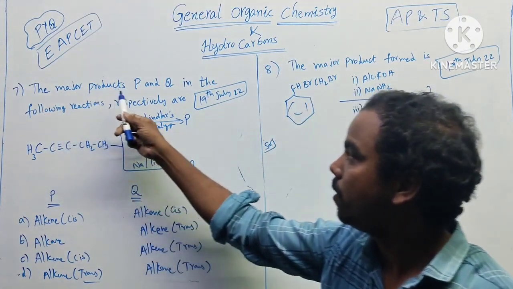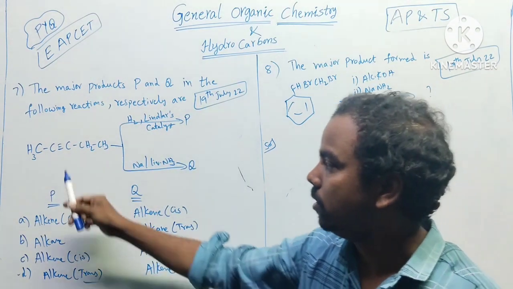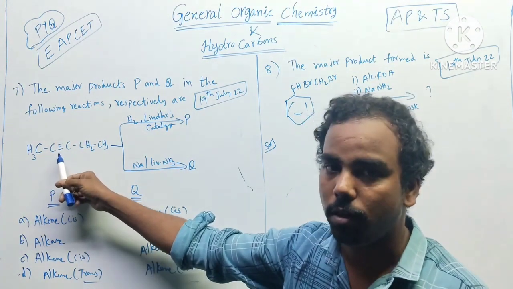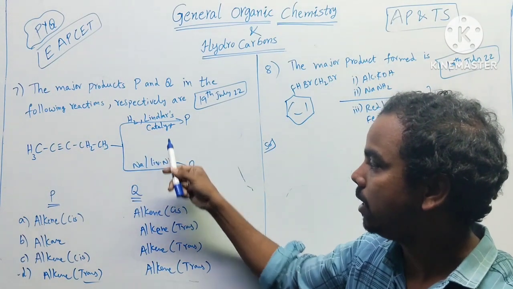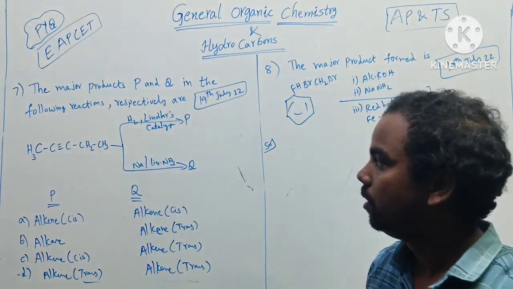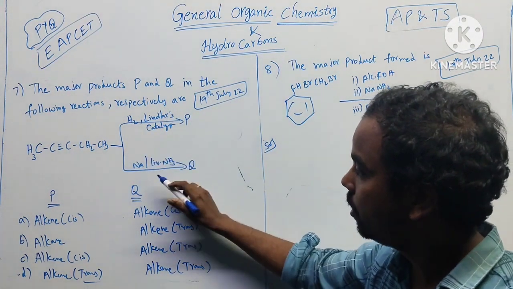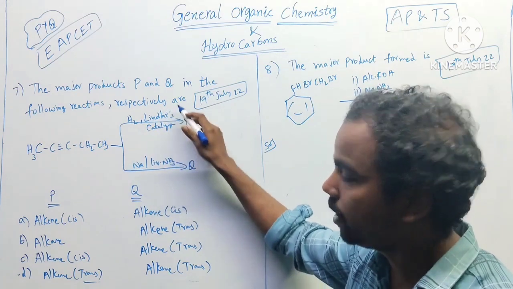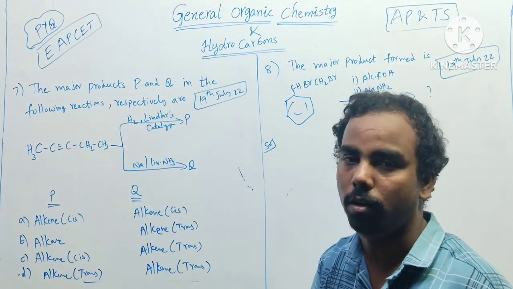Question: the major products P and Q in the following reactions respectively are. An alkyne is given, a triple bond is present between C and C. H2 with Lindlar's catalyst, and sodium in liquid ammonia. So remember, hydrogenation in the presence of Lindlar catalyst, that means palladium on barium sulfate in quinoline.